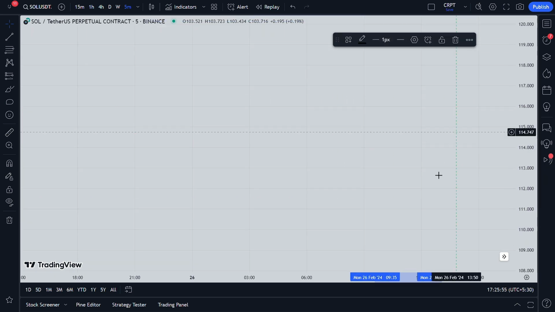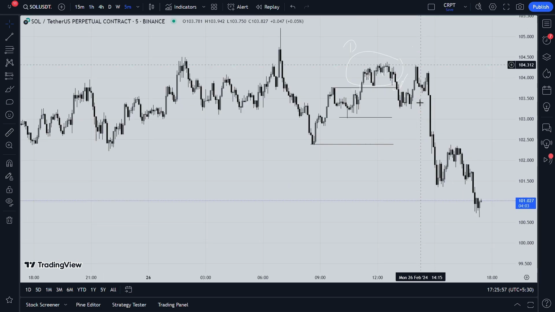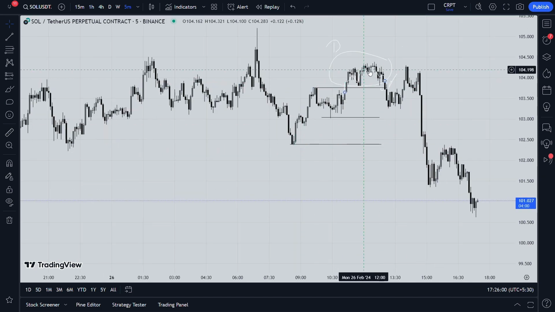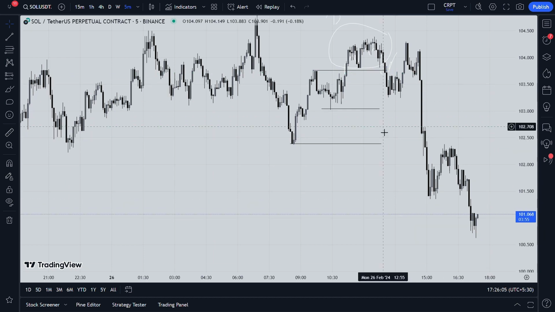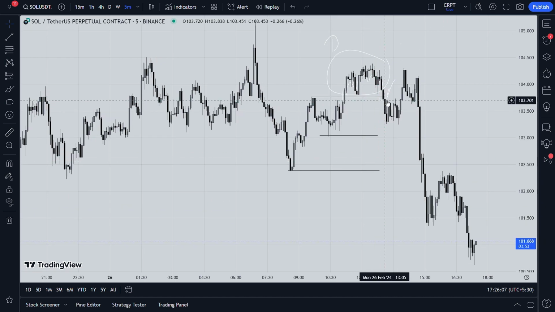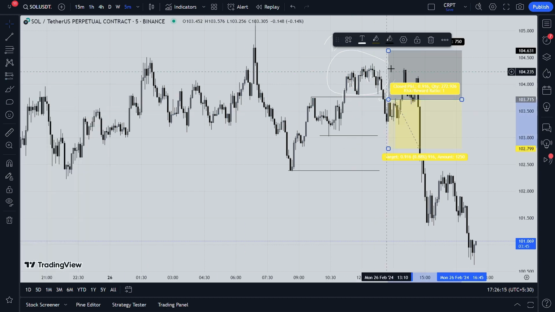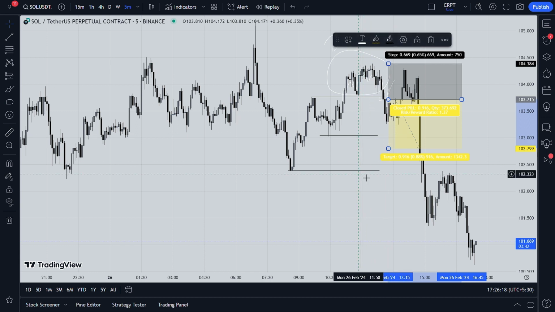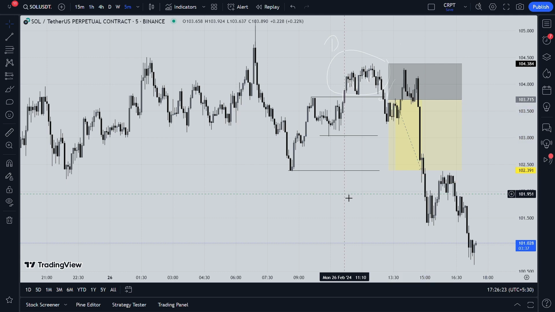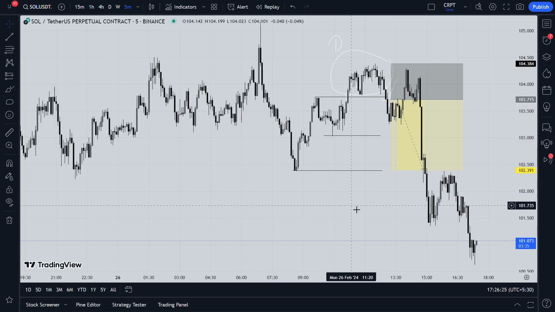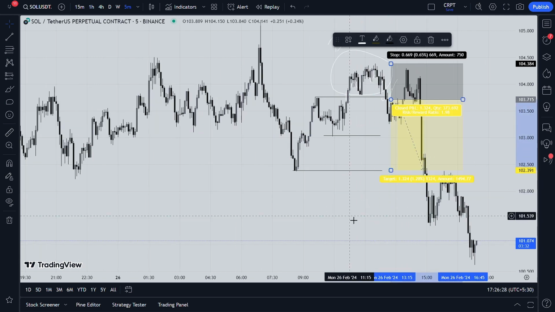Same thing here, high, deviation, close below the earlier high, and we entered our short here. Short position here, and we put the stop loss here, and we target these lows and this low, and that's how I achieved a 1:2 today.